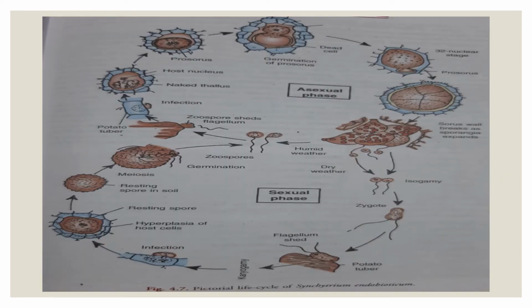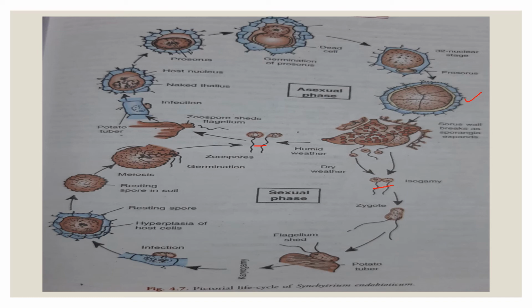Here we see the life cycle of Synchytrium, where we start with the sorus stage, where depending upon the amount of water in the soil, they are either converted into zoospores or planogametes.